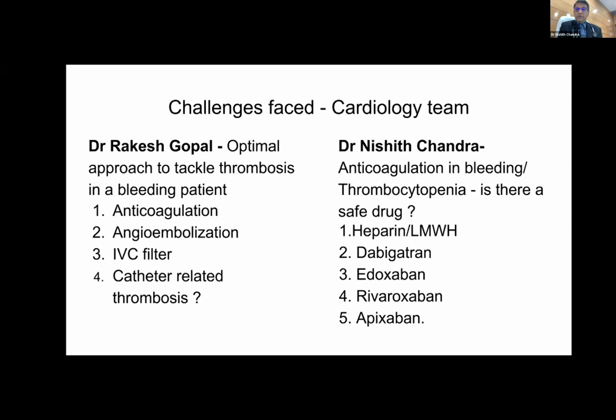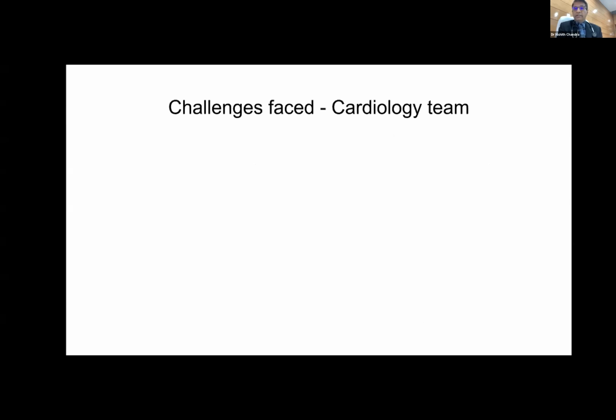Whenever the patient's risk of thrombosis goes down and you can initiate an anticoagulant, then you should always remove the IVC filter. So put a temporary IVC filter to tide over that period of increased thrombogenicity and remove it at the earliest opportunity. Yeah, thanks a lot, sir.